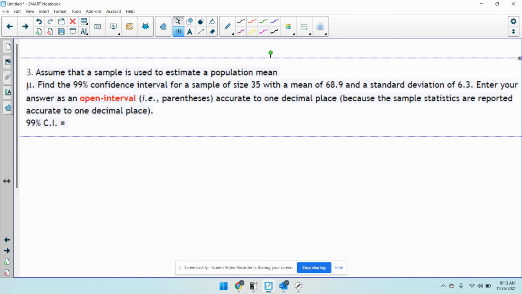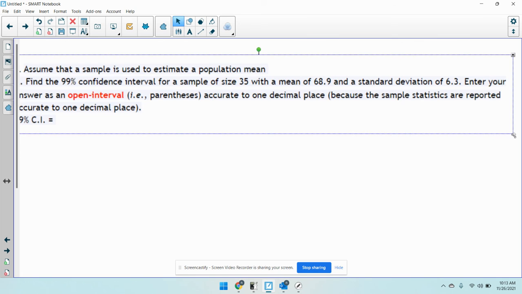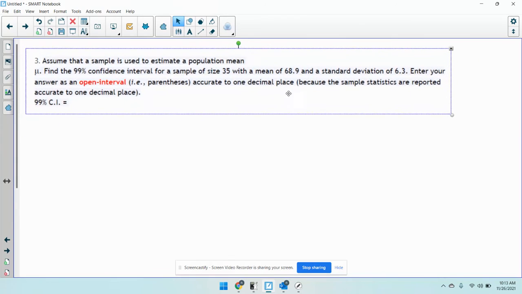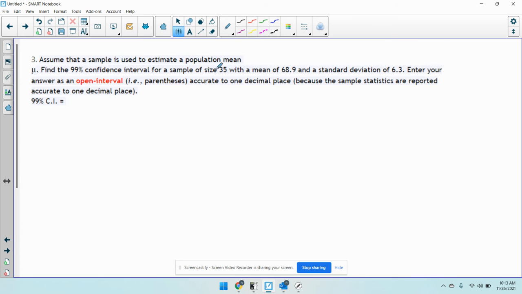Okay, and the last one, assume a sample is used to estimate a population mean, mu. Find the 99% confidence interval for a sample of size 35 with a mean of 68.9 and a standard deviation of 6.3. Okay.